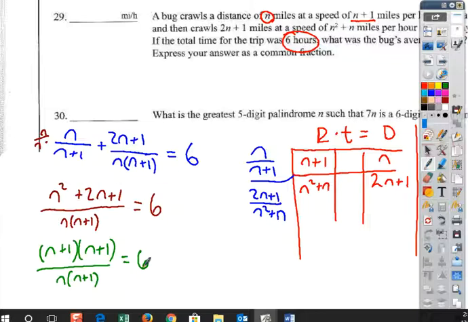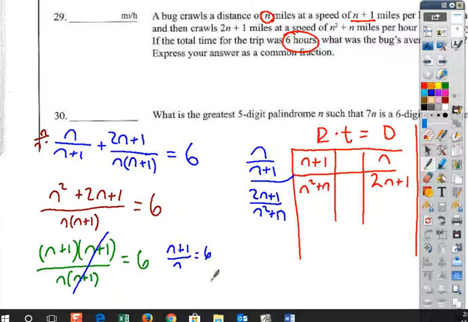Oh, gee, golly gee willikers. Look, I have n plus 1 in the numerator and the denominator. What is n plus 1 divided by n plus 1? 1. Exactly 1. So I can go ahead and cancel this out. So I have n plus 1 over n is equal to 6.